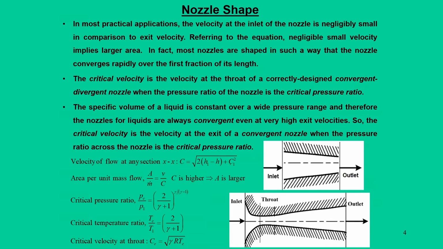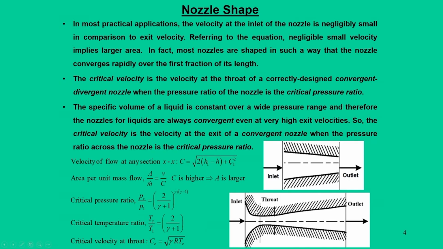In fact, in our previous discussions, we also defined parameters like critical velocity, critical pressure, and critical temperature expressions. Those conditions are for a perfect gas, where we can find the ratio Pc by P1, that is, the critical pressure, which normally occurs at the minimum area, or throat, for a convergent nozzle.